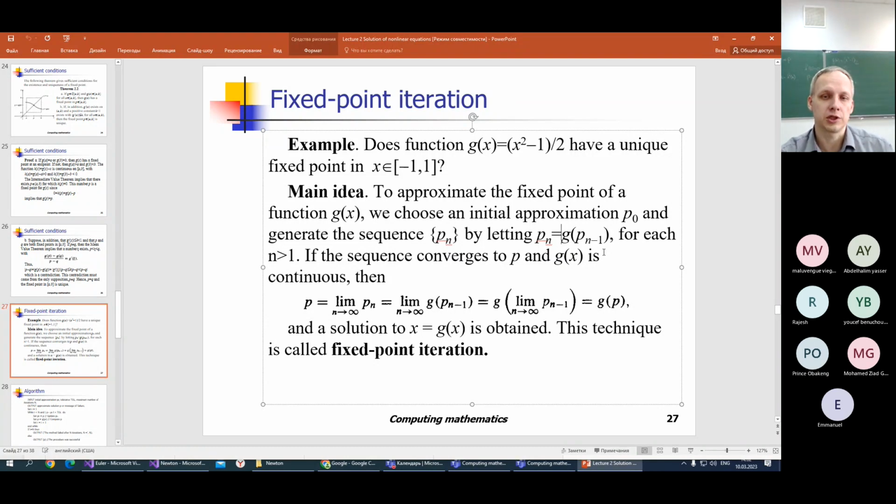If this sequence converges to P and g of x is continuous, then P equals the limit of Pn, which equals the limit of g of Pn minus 1, which equals g of the limit of Pn minus 1, and that equals g of P. And a solution to x equals g of x is obtained. This technique is called fixed point iteration.